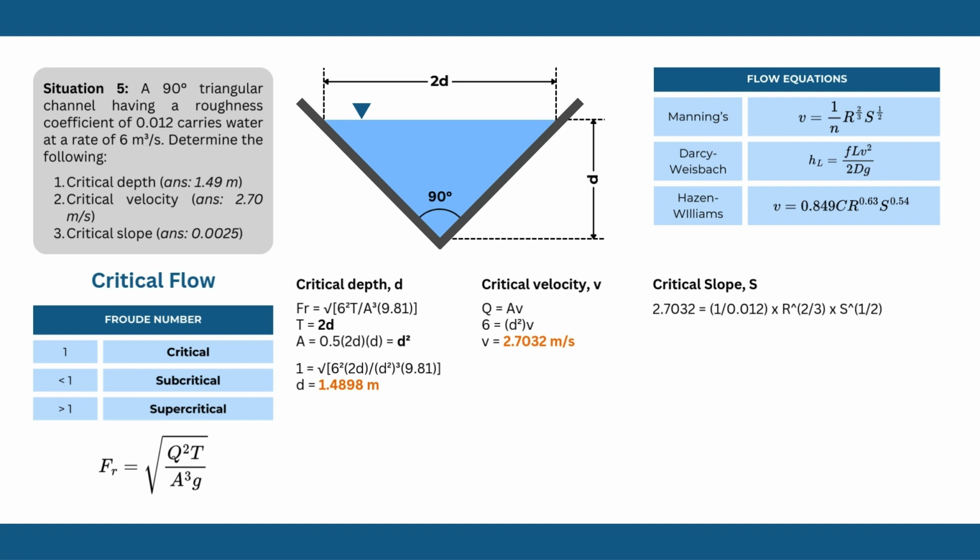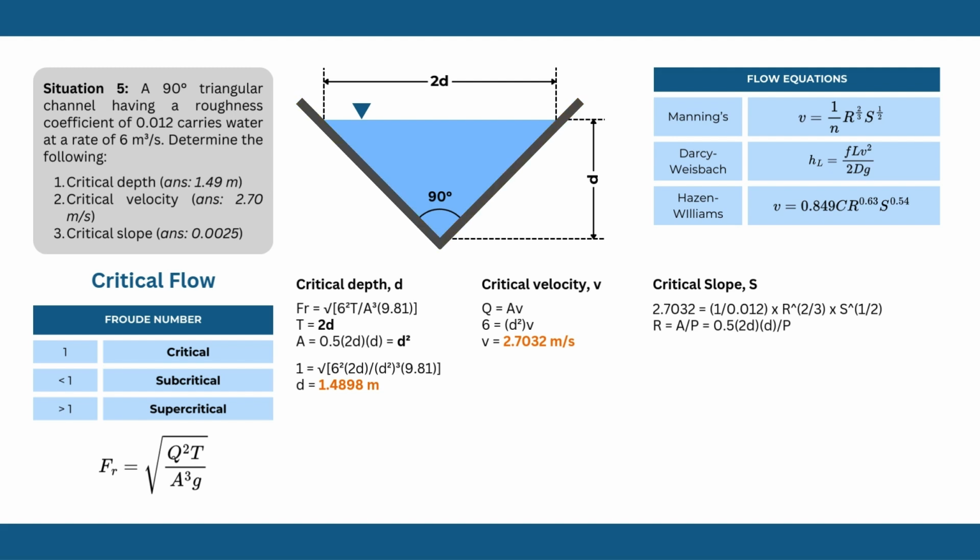And yung R naman, yan yung tinatawag na hydraulic radius, wherein in order to get its value, we just have to divide the cross-section area of the fluid by the wetted perimeter of the channel. So for this case, yung area natin is 1/2 times base natin na 2D times height natin na D. Then for the wetted perimeter, we just have to consider these two slants na pwede natin makompute by using Pythagorean theorem.